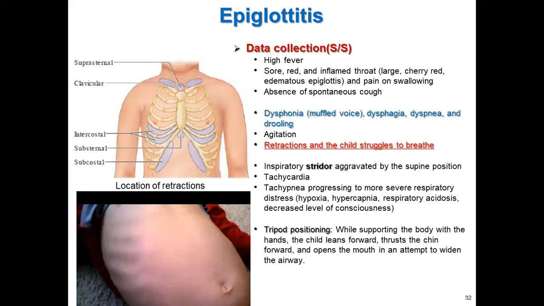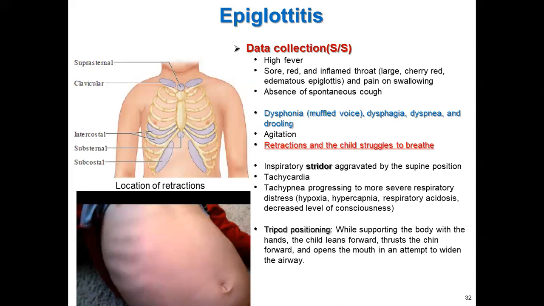And tachypnea progressing to more severe respiratory distress leads to hypoxia, hypercapnia: oxygen level goes down, carbon dioxide accumulates in the body, hypercapnia or respiratory acidosis, finally leading to decreased level of consciousness.